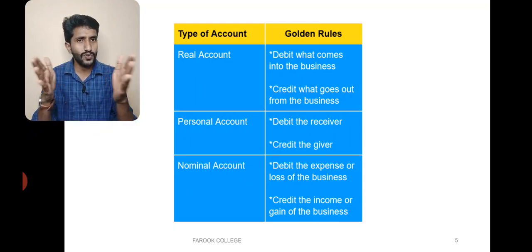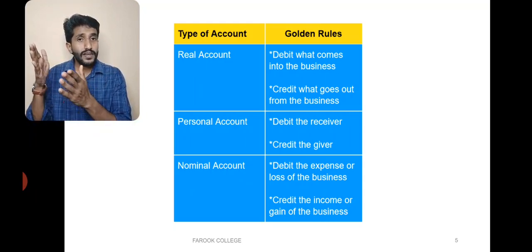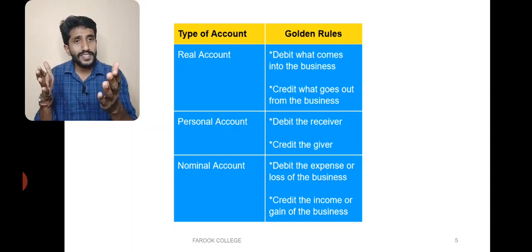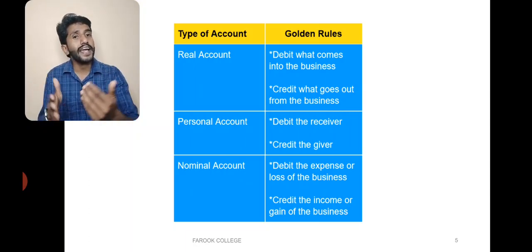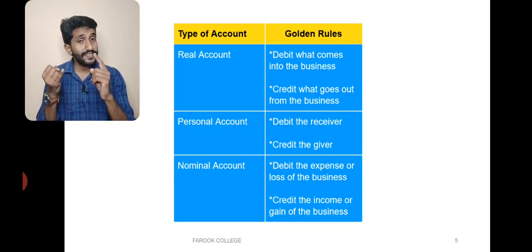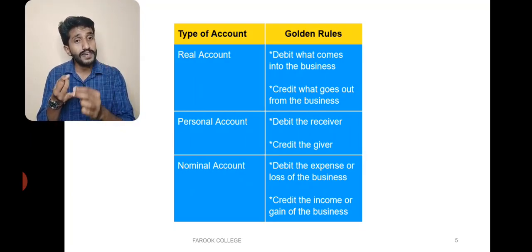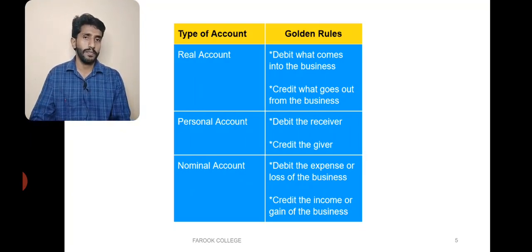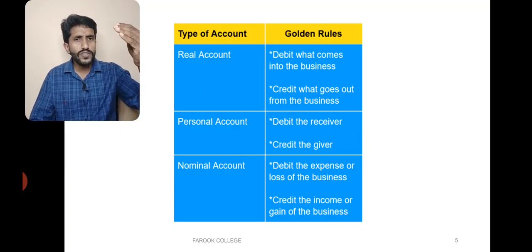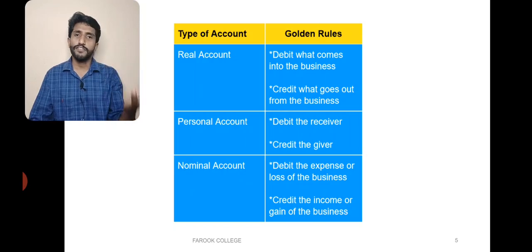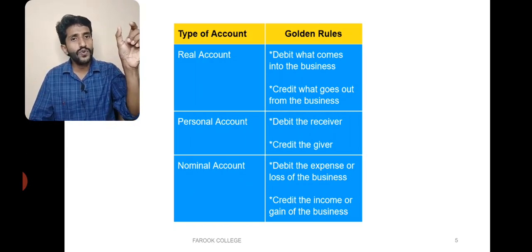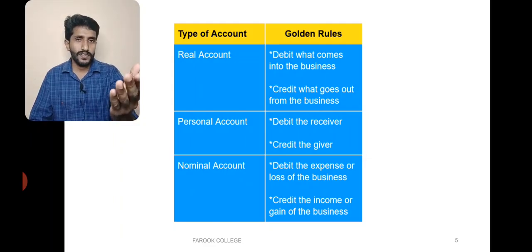If we go into detail, in commerce we know that there are three accounts. One is the real account, another is the personal account, and the third is the nominal account. According to these three accounts, credit and debit will be different. This is known as the golden rule of accounting.